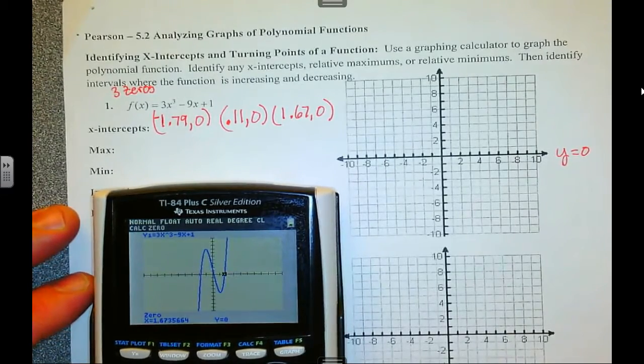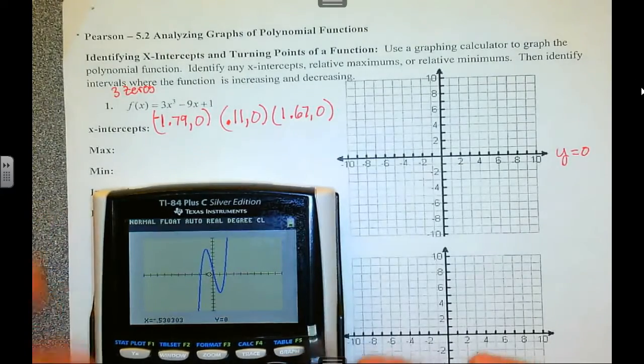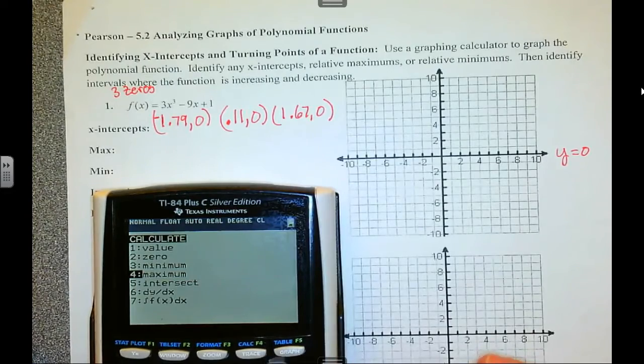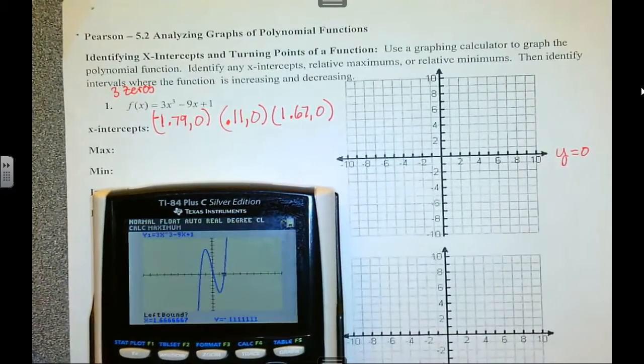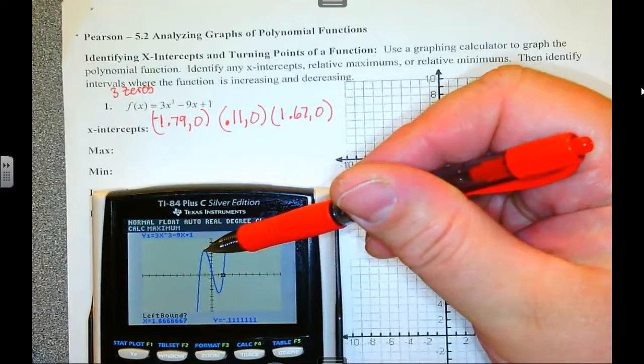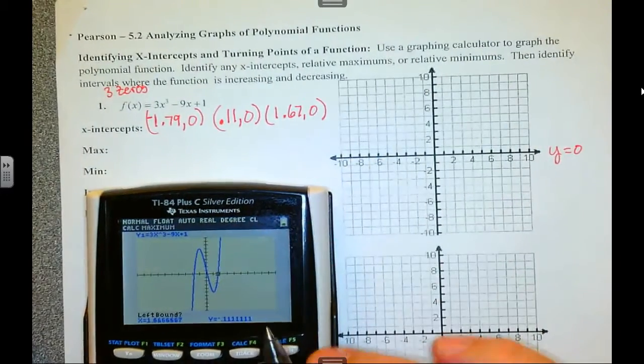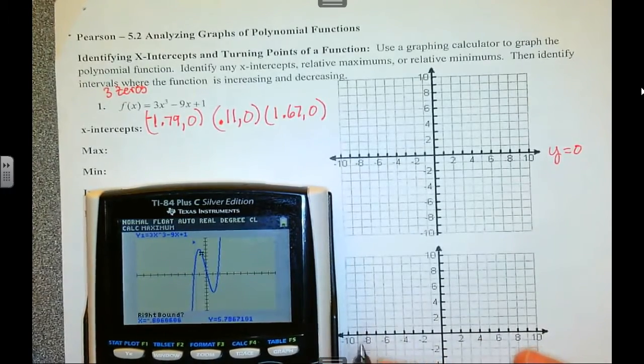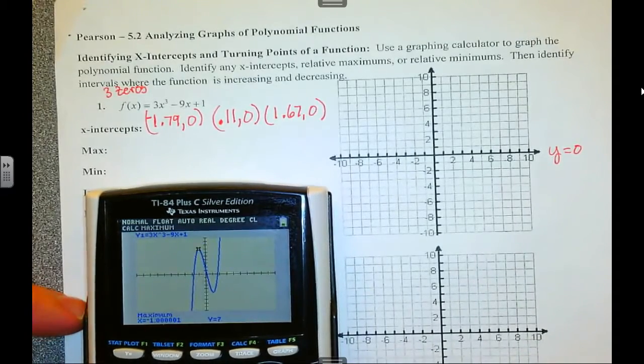Okay, let's find our max. So I'm going to have to calculate it again. Go to second trace. This time I need my max. This is my relative max right there, right? Going to hit enter for left bound. Enter for right bound. Enter again.